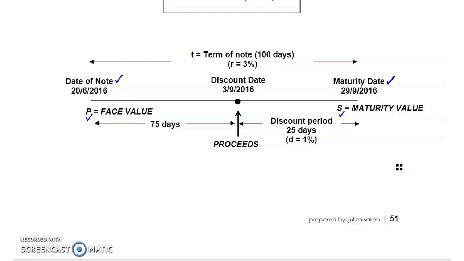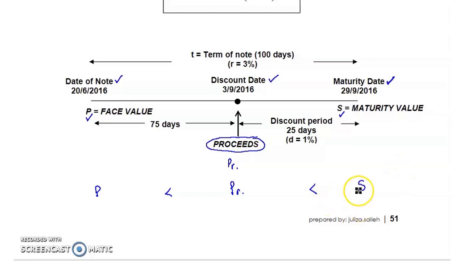The date that we sell the note is called the discount date. The value that you receive on the discounted date is called the proceeds. Based on this timeline, if there is an interest, P should be less than proceeds, and proceeds should be less than S, the maturity value.